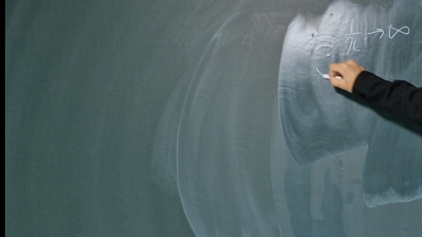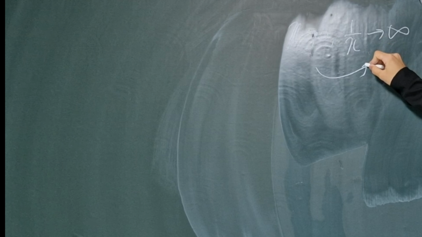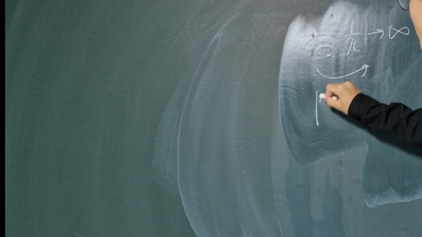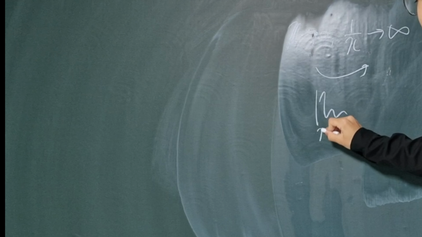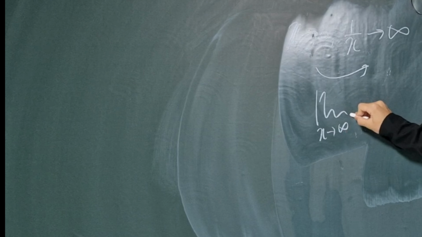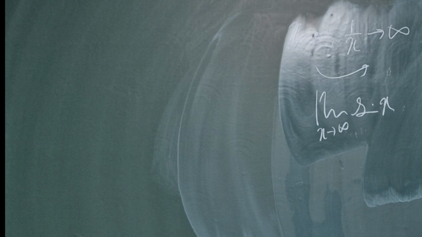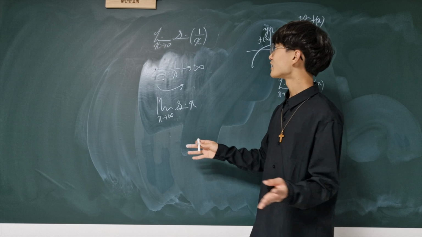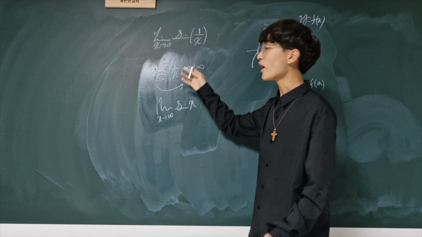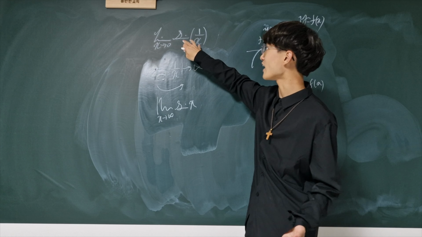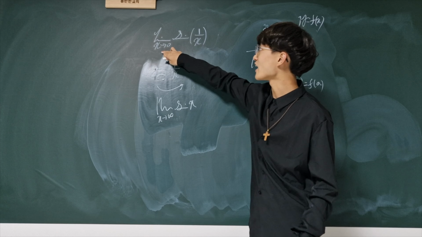Now then, can I just say that in this case, the limit is that of sine x as x approaches infinity? Because when you just think about it, this is saying, what is the limit of sine x as x approaches infinity?